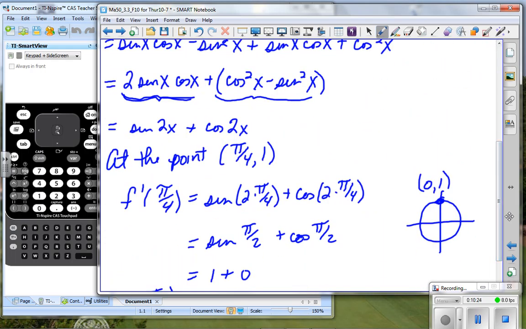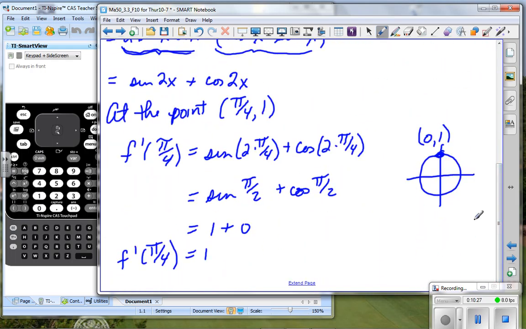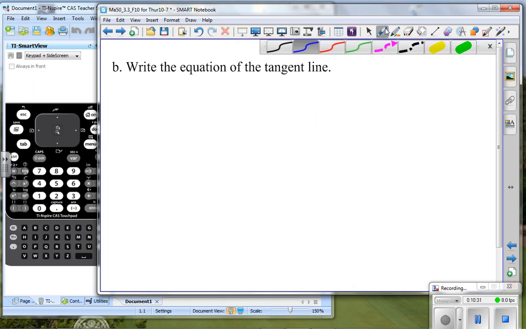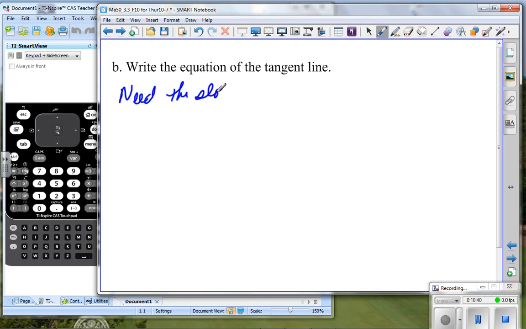Okay, now I moved the second part of this to the next page, which says write an equation of this tangent line. In order to write the equation of a line, we need the slope and a point. Now we have our point: pi divided by 4, 1.